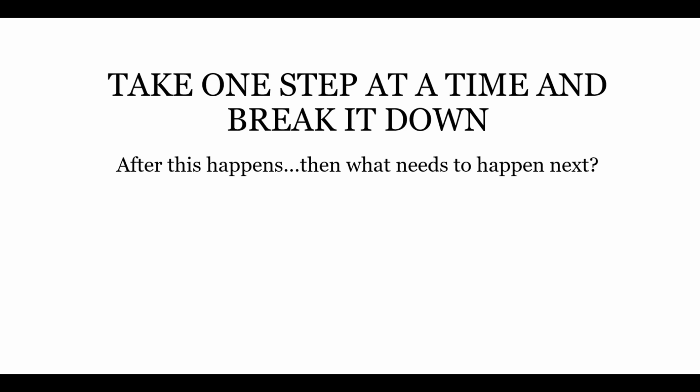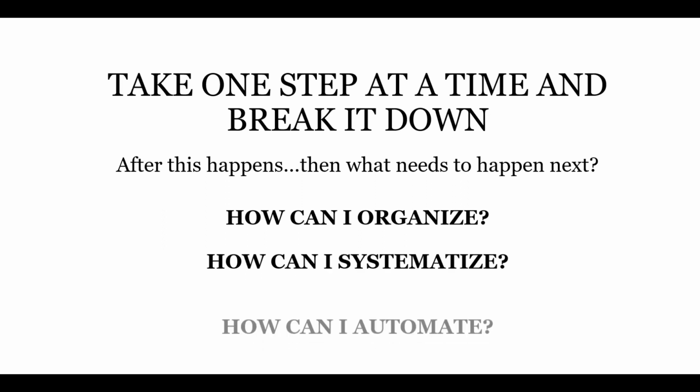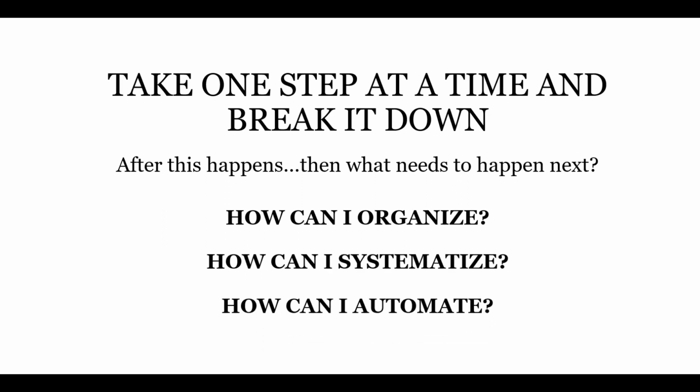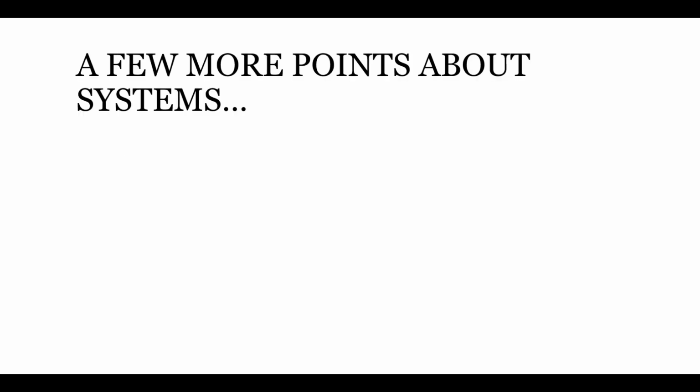Okay, now that that happened, now what needs to happen next, and so on and so forth until you literally go through every single step from point A to point B and every single sub step in between. And then you're going to ask yourself, how can I organize this? How can I systematize this? And how can I automate this step? And that's again where these workflows and automations come in.